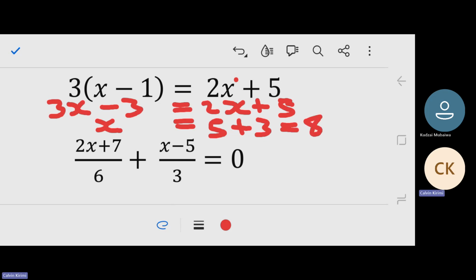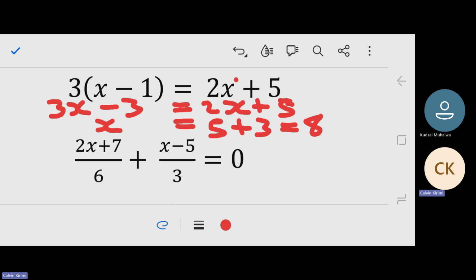How did you get 5? Oh, sir, I forgot to change the minus sign into a positive sign for the minus 3. I had to change it to plus 3. Yeah, but the mistake is not there. Even if you did not change minus 3 to positive, you got an answer of minus 2 on the right.